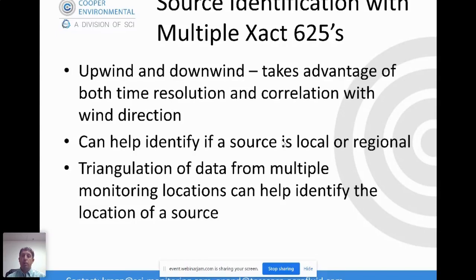You can use this type of measurement to identify if a source that you're seeing for a different elemental measurement is a local source or if it's a regional source, if it's something that's being blown in from somewhere else or is originating in the city or area where you're monitoring. And if you have 3 instruments or more, you may be able to do some triangulation of the data from multiple monitoring sites to help identify the location of the source.